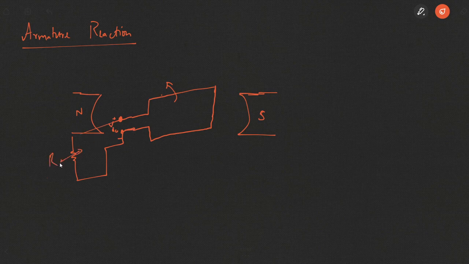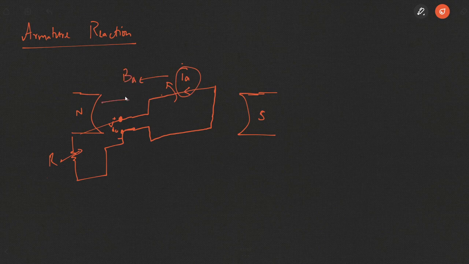As the resistance changes, so will the magnitude of current flowing through this armature. Depending upon the nature and magnitude of the load, armature current will start flowing through these windings, and this armature current will now produce a magnetic field of its own.